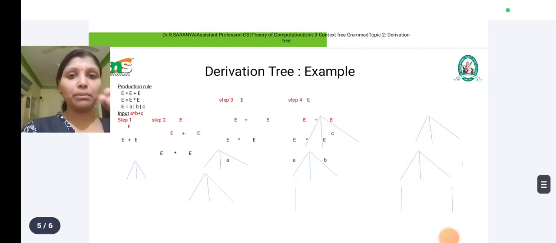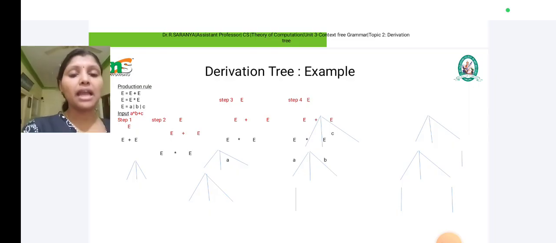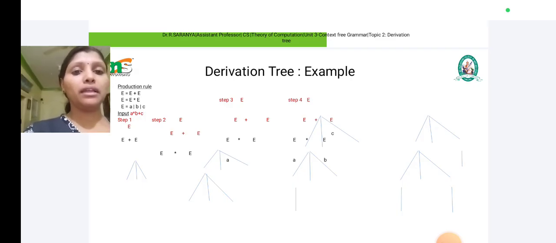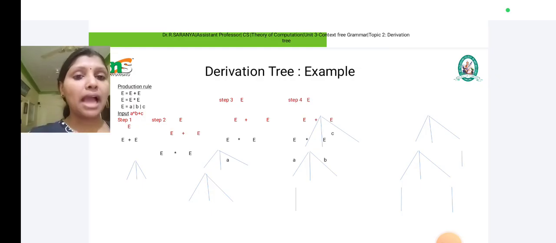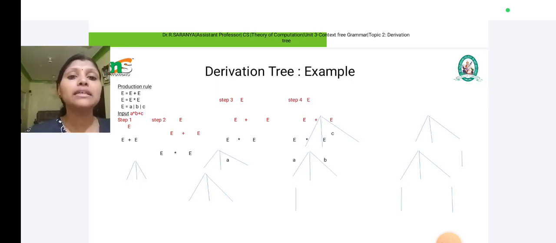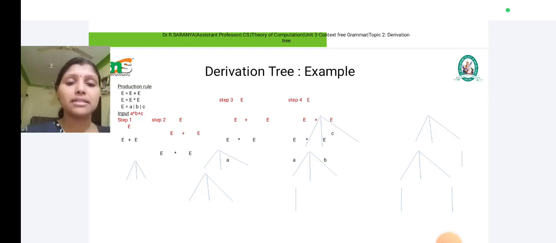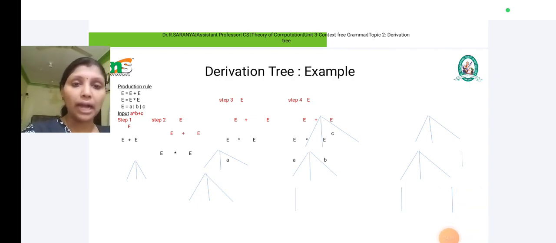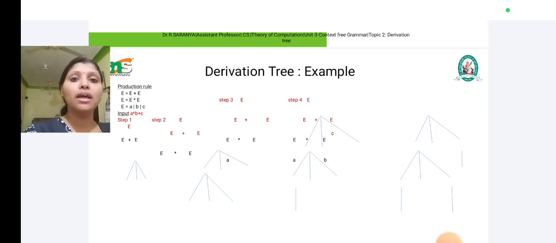Next, let us see, for example, some set of production rules. E is equal to E plus E, as well as E is equal to E star E. Suppose E represents either A or B or C. So we are in need of the input A star B plus C. Step by step we are going to derive E plus E as well as E star E, and then in the next step we are going to derive A plus A star B as well as plus C. For A, B, C finally we are going to derive the third set of production rules: E is considered as A or B or C. With the help of the given production rules we are going to find an input.